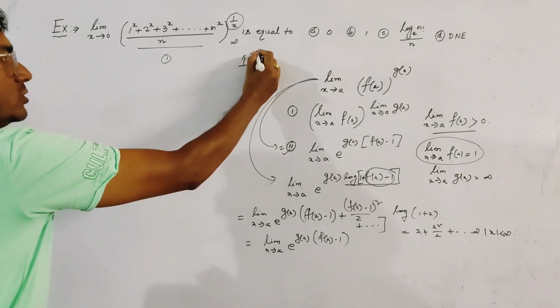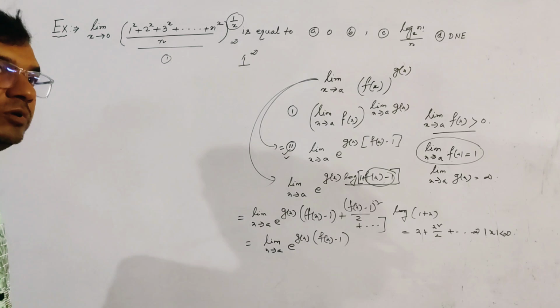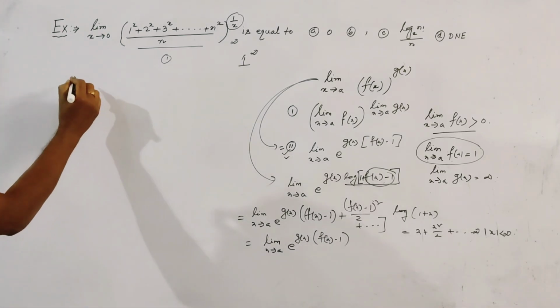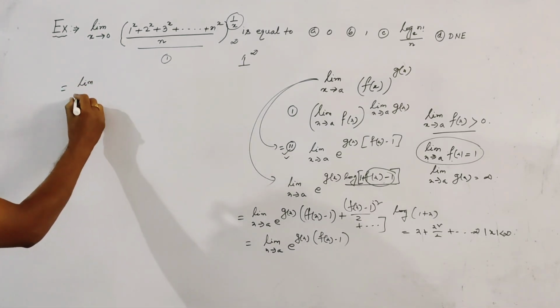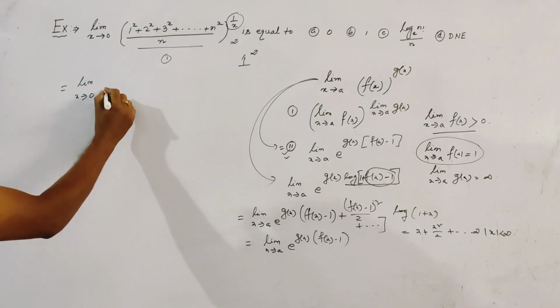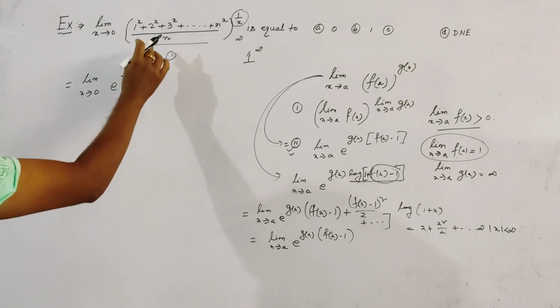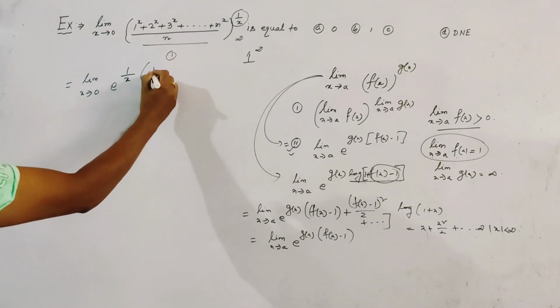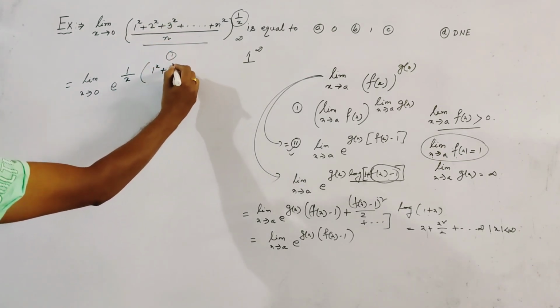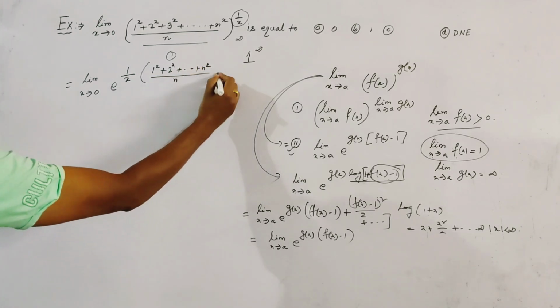So this is a 1 to the power infinity form, so we use the second form. This is given by limit x tends to 0 of e to the power (1 by x) times (f(x) minus 1), which is ((1^x + 2^x + and so on + n^x)/n minus 1).